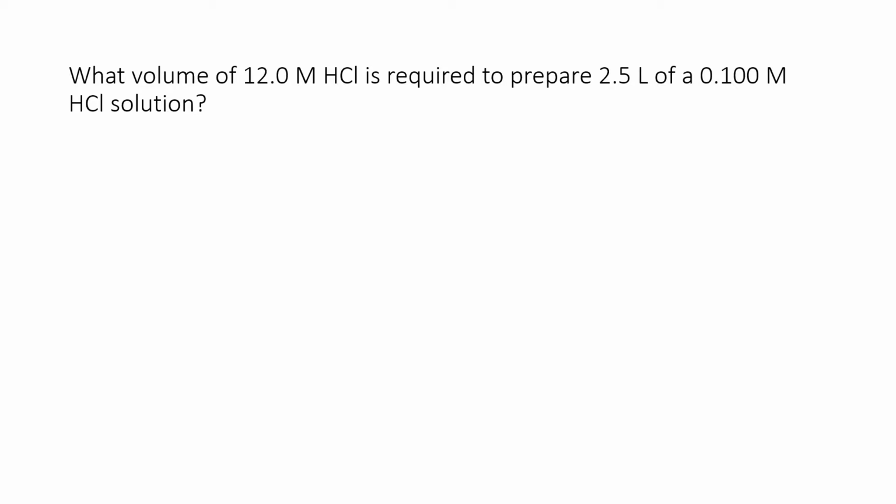Okay, students, so in laboratories, it is common that we dilute solutions. So we take a concentrated solution and we will take so much volume of that solution and then dilute it to get a concentration of a lower concentration.